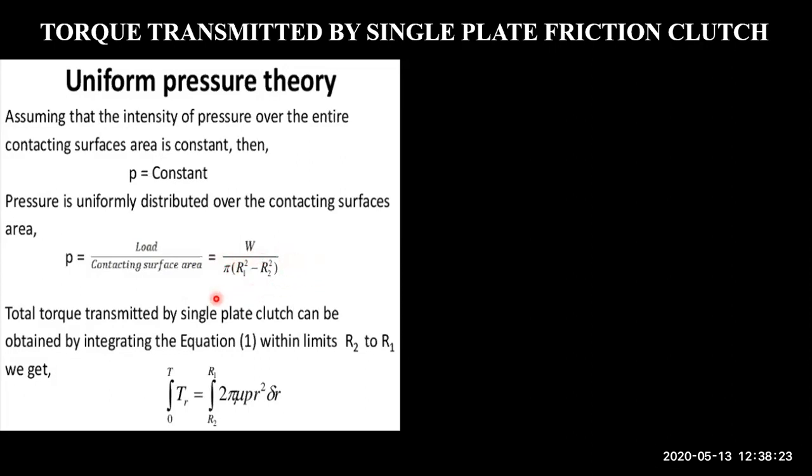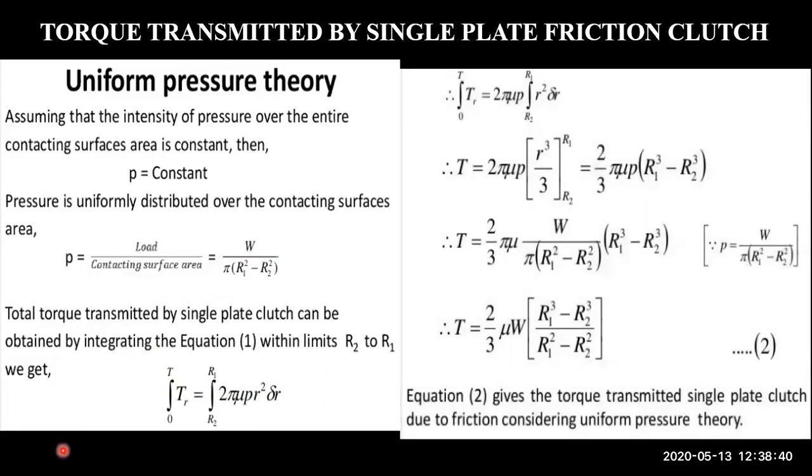Then the total torque will be the integral from 0 to T, between R2 and R1, of the torque from equation 1. We take P outside the integral since P is constant, and we are just integrating the radius with respect to dr.